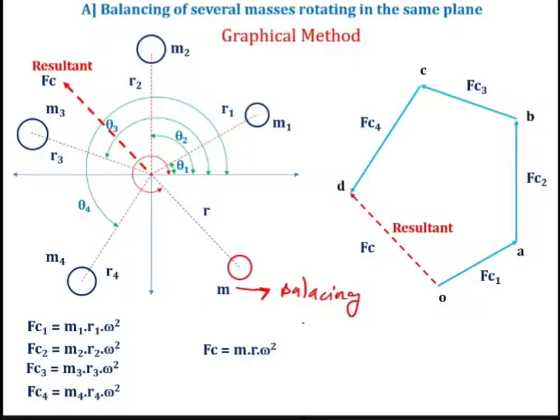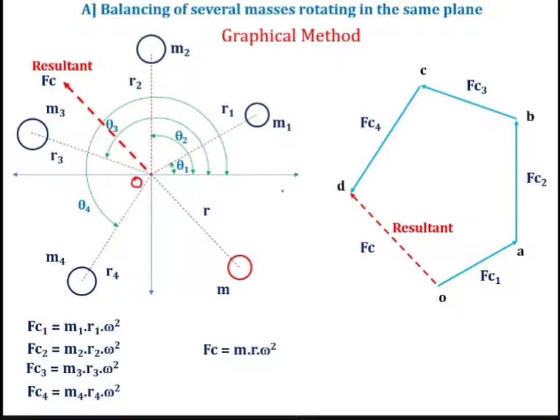This m represents the balancing mass at a distance r. And what is the balancing force? Balancing force is equal to m into r. And what is the resultant force? M into r. So try to understand that the resultant force and the balancing force are one and the same, but they are equal and opposite. And what is the angle? This angle, which angle?